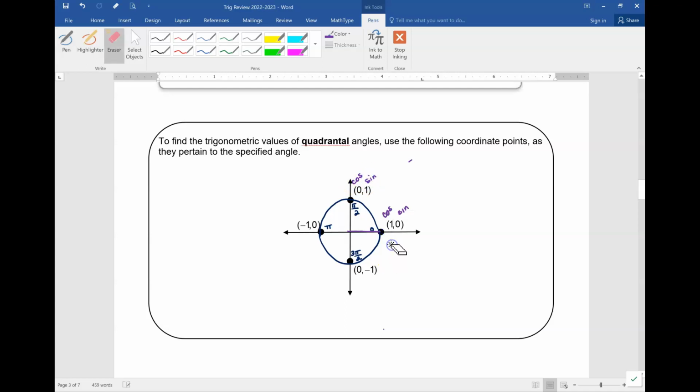Let's try with pi over 2. To get to where pi over 2 intercepts the circle, how do I go there? Well, I go horizontally 0, so that's cosine. Vertically 1, so that's sine. And so similarly, each of these is cosine, sine, cosine, sine.